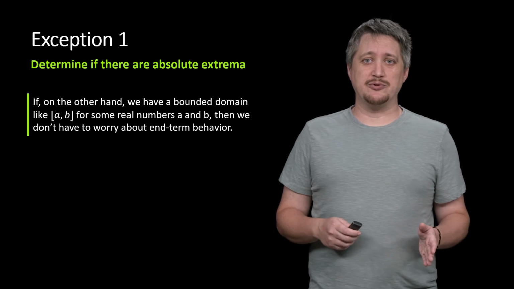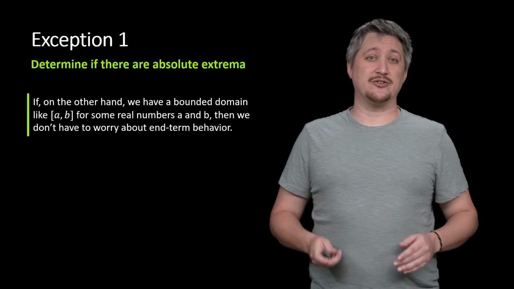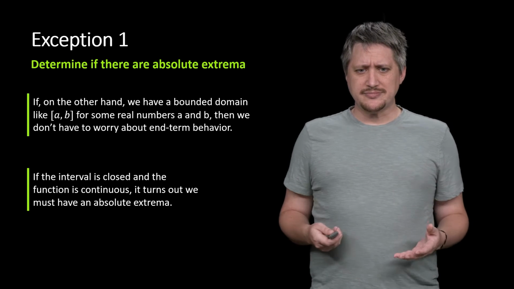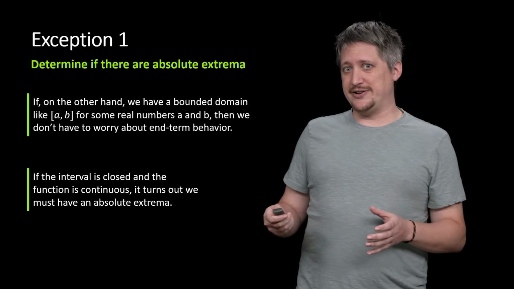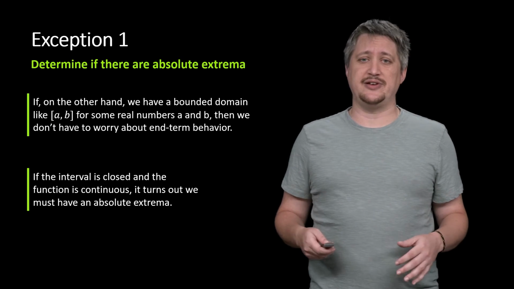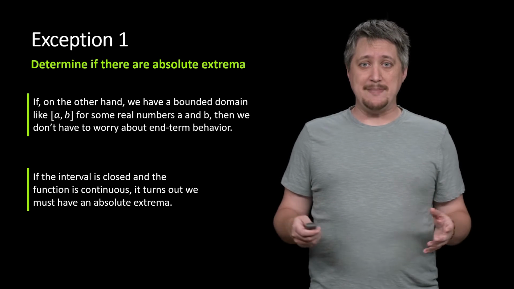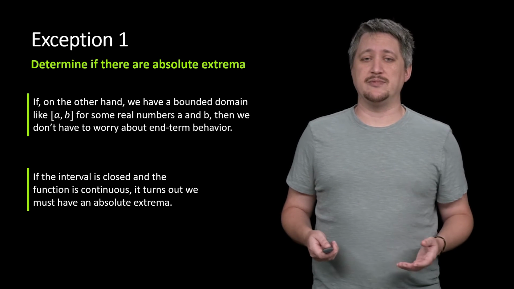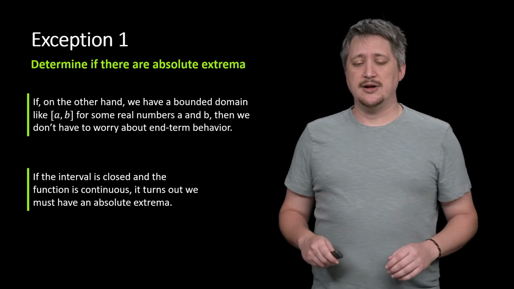We never have to worry about going far away because we're staying within that interval. It turns out, as an important and useful side note, that if the interval is closed and the function is continuous on that interval, then we immediately know it has to have absolute extrema. This is the extreme value theorem, which we'll do in another video.